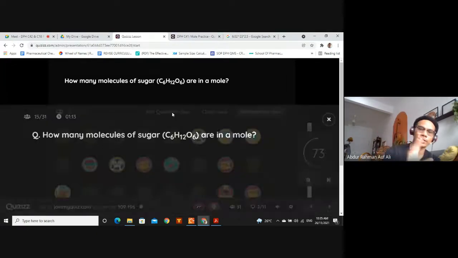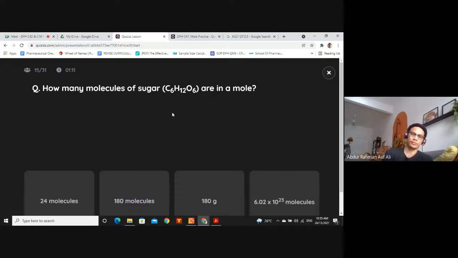So tak nak tunjuk lagi chart view tu. So try to work this out. Berapakah bilangan molekul gula yang ada dalam 1 mol gula? Berapakah bilangan ekor gajah yang ada dalam 1 dozen gajah? This is basically what it asks.